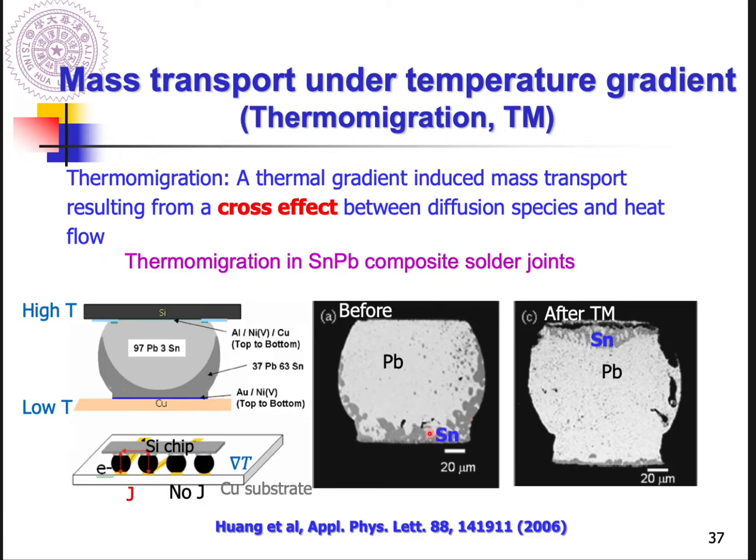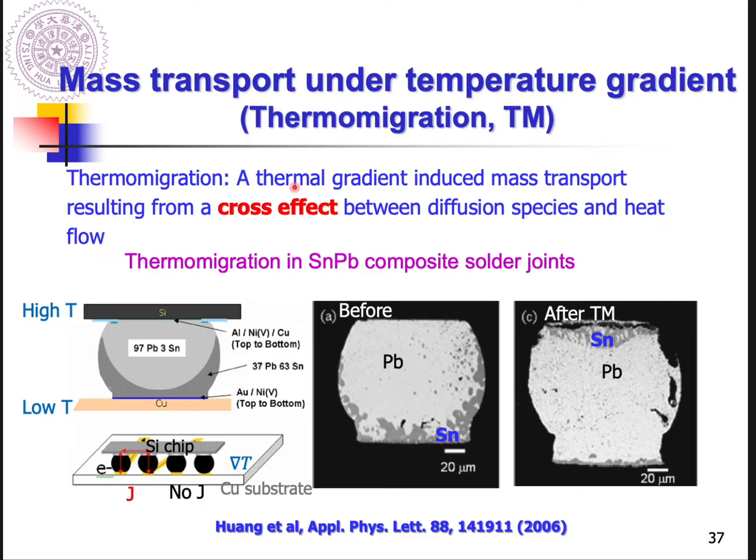That means this thermal gradient drives the mass transport of tin, and in this case it is against the temperature gradient. The tin is pushed or moves from the low temperature region toward the high temperature regime, which means it is against the temperature gradient, right? So this is evidence showing that there exists the thermal migration.